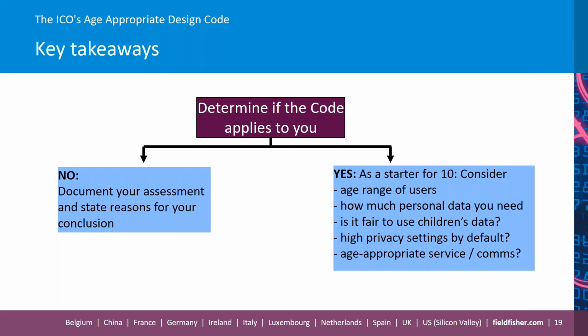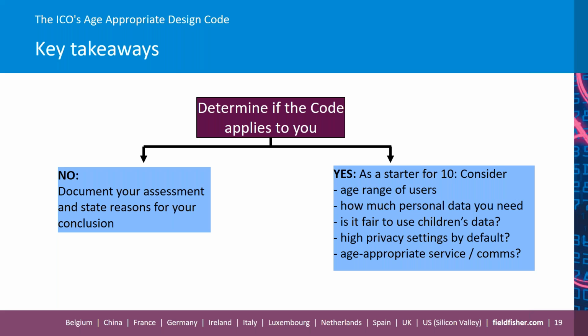There's very much a broad interpretation of what is an information society service, which is clearly itemized within the code itself. And then consider: are your services likely to be accessed and used by children?